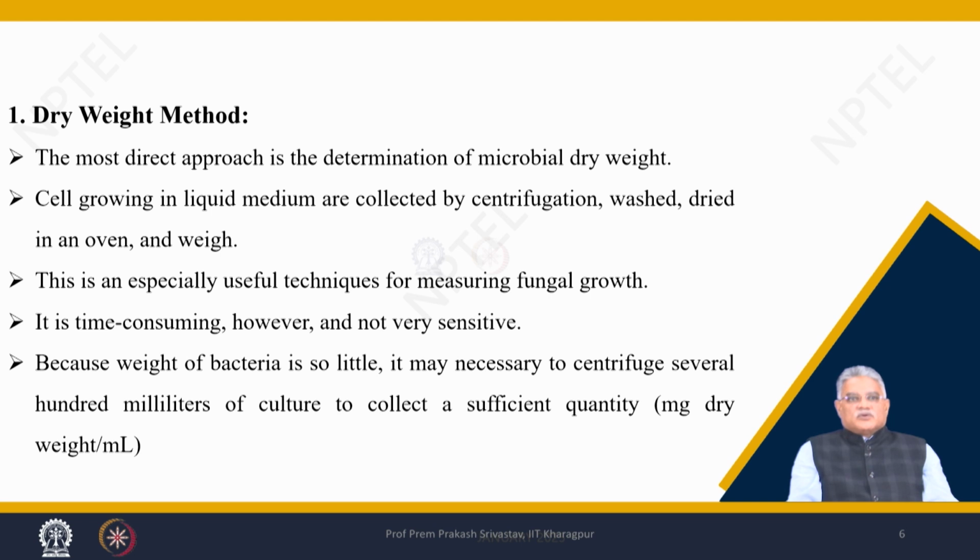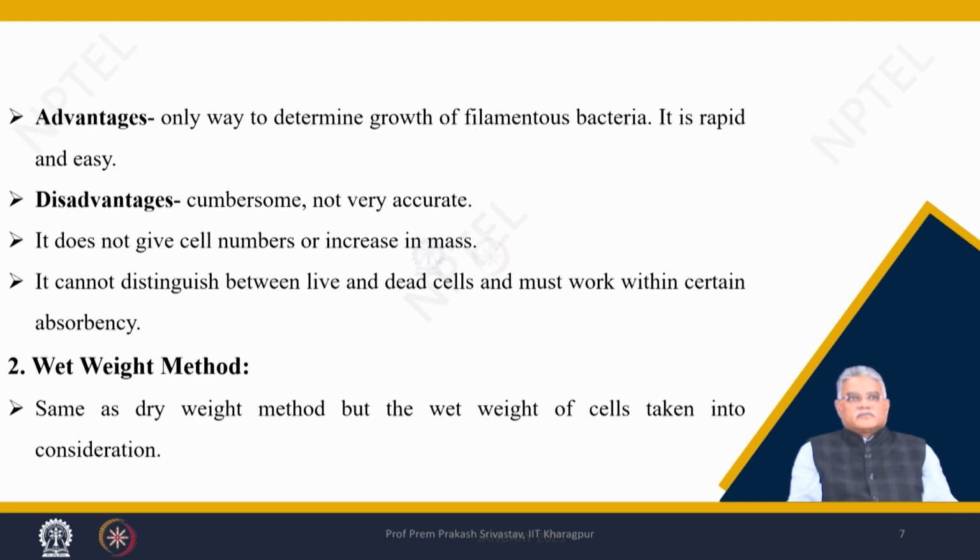It is time consuming, however, and not very sensitive. Because the weight of bacteria is so little, it may be necessary to centrifuge several hundred milliliters of culture to collect a sufficient quantity, that is milligrams dry weight per ml.